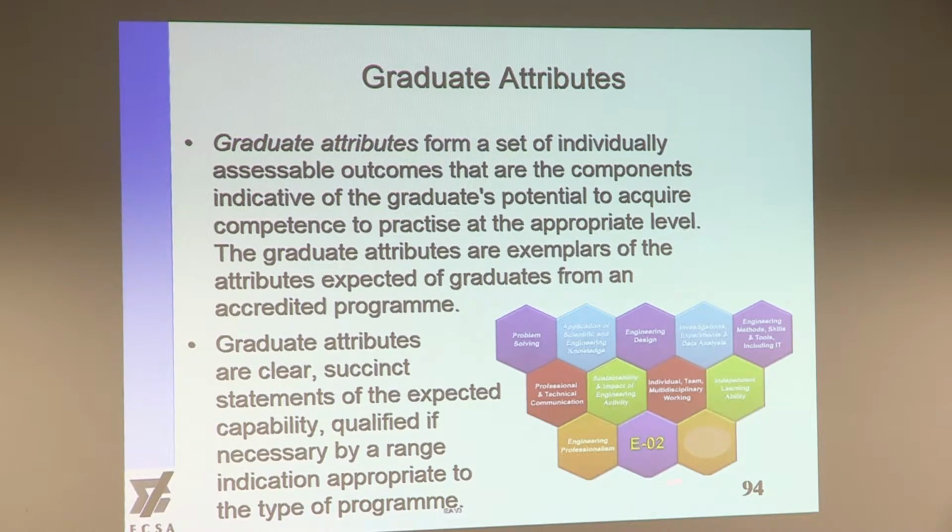And I think, as you can all see, they are all the same: problem solving, application of scientific and engineering knowledge, engineering design, investigations, engineering methods and skills, professional communication, sustainability, individual teamwork, and individual learnability, and engineering professionalism.